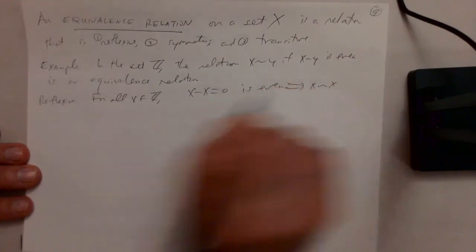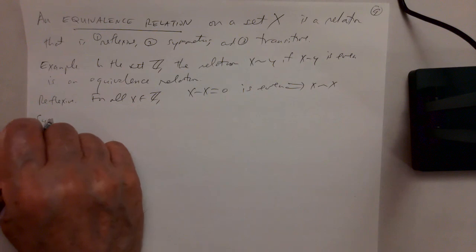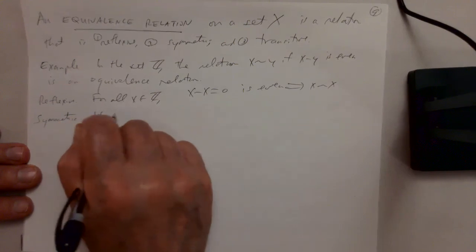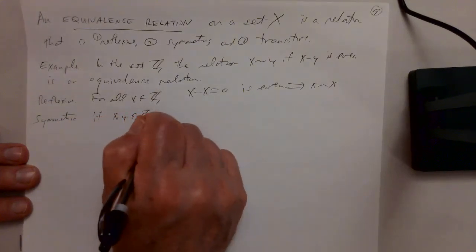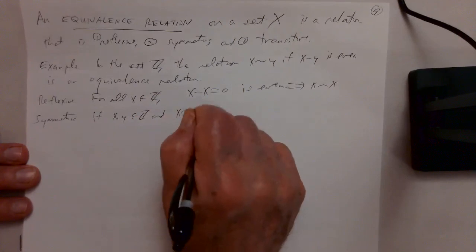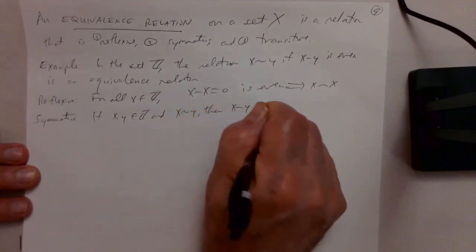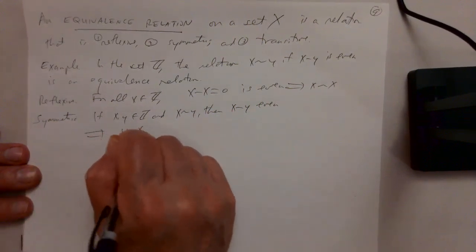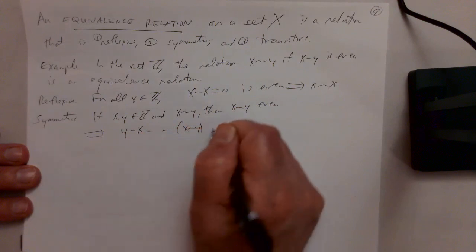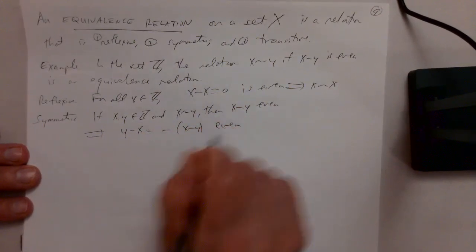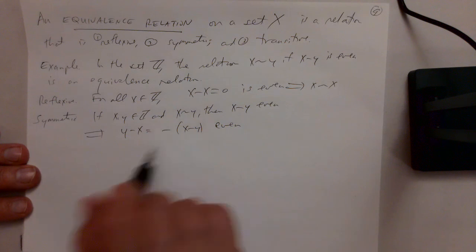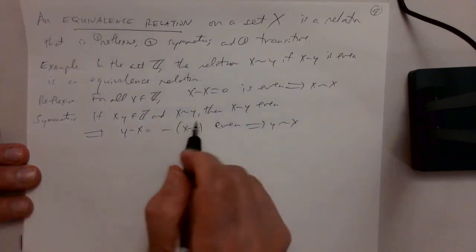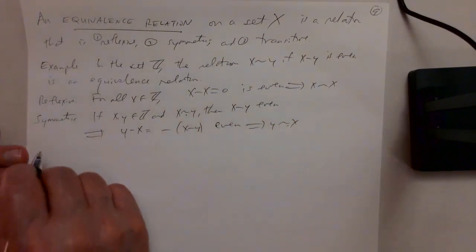So x is related to x. What about symmetry? Well, if x, y are in Z, and x is related to y, then x minus y is even, which implies that y minus x, which is minus the number x minus y, is even. Because if a number is even, so is its negative. So y is related to x. So x related to y implies y is related to x.